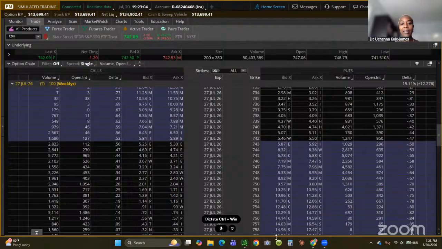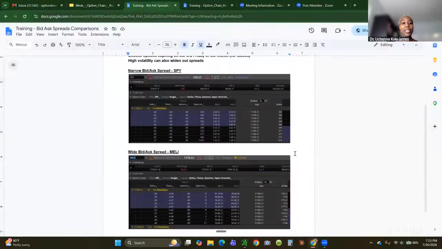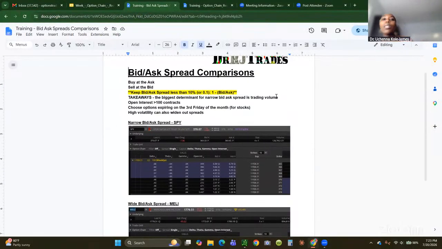Remember what I said, that the options that have the tight bid-ask spreads are the ones that have an open interest of 100 contracts. Also, options expiring the third Friday of the month. And we want to keep our bid-ask spread tight, less than 10%.